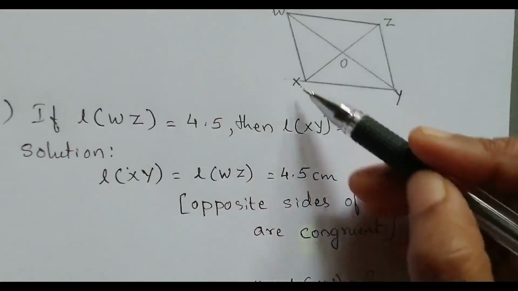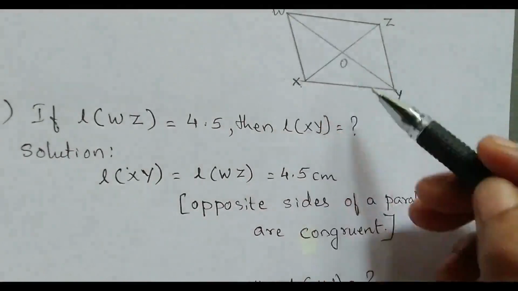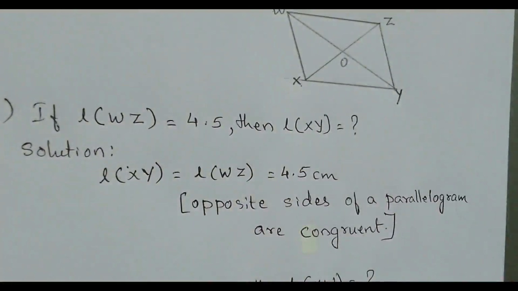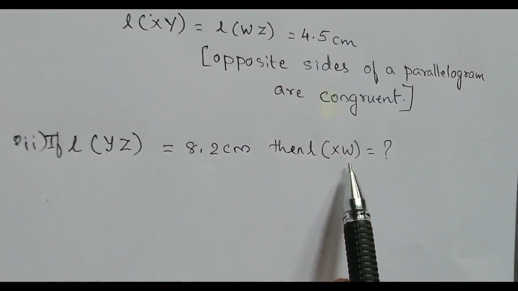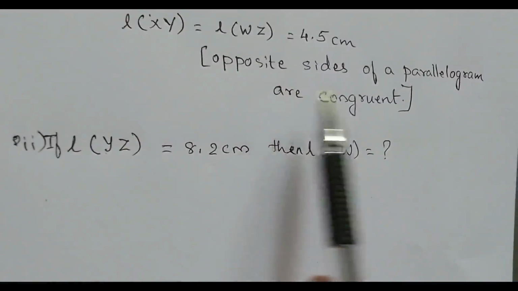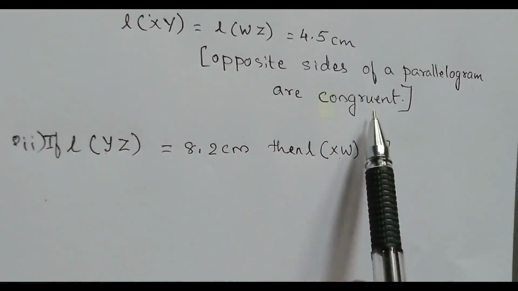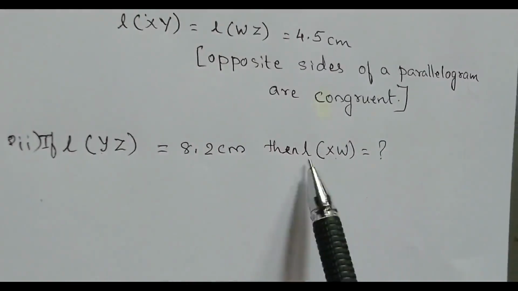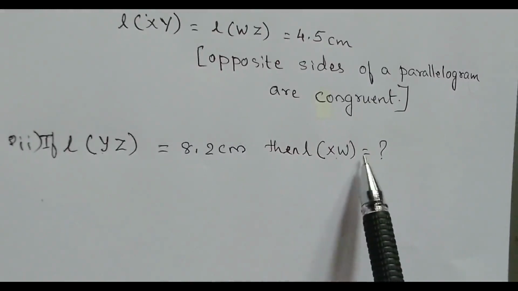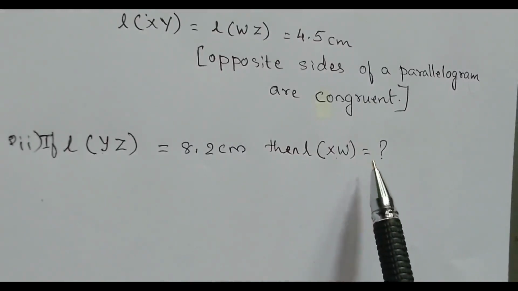Side YZ and side XW are opposite sides of the parallelogram, and we know that opposite sides of the parallelogram are congruent. So if YZ is 8.2, then length XW is also 8.2 centimeters.